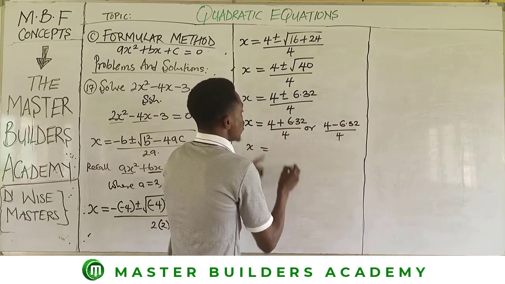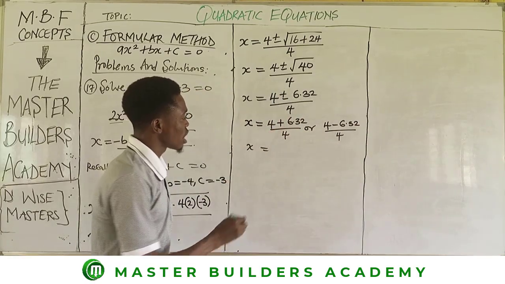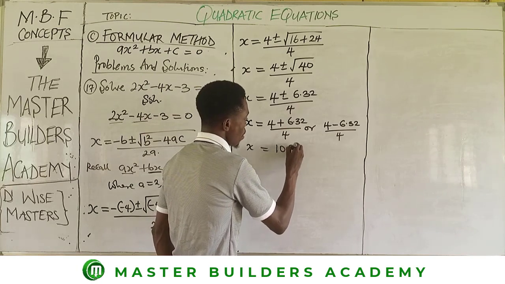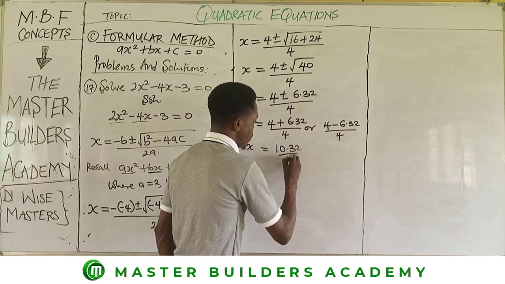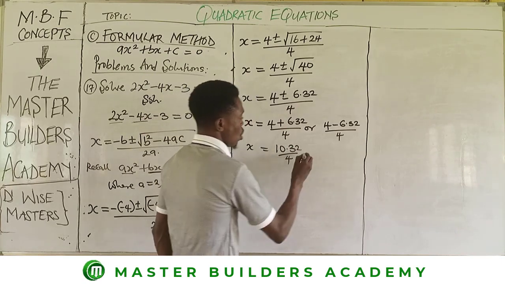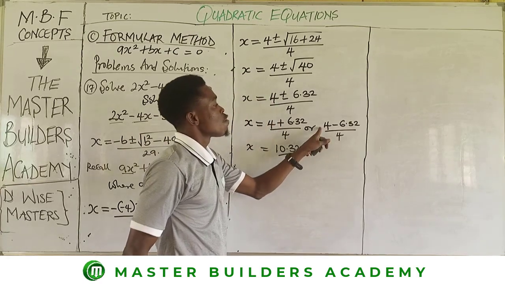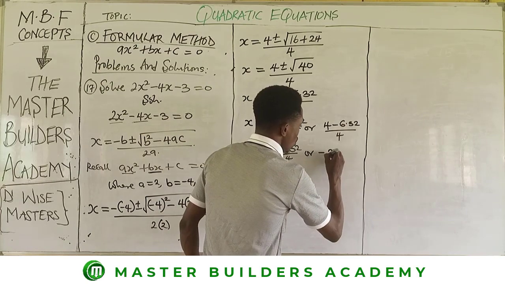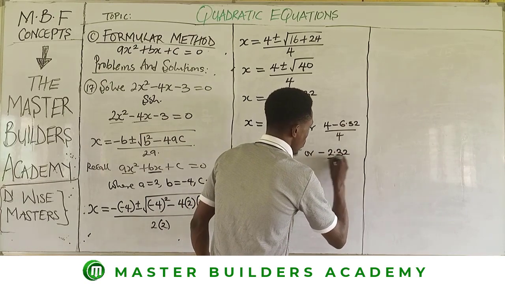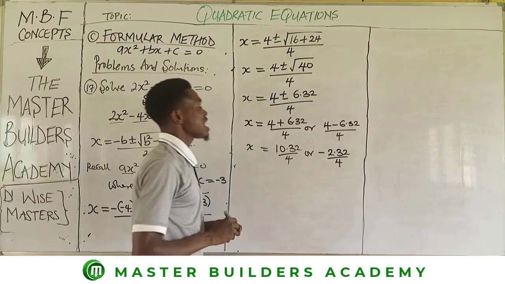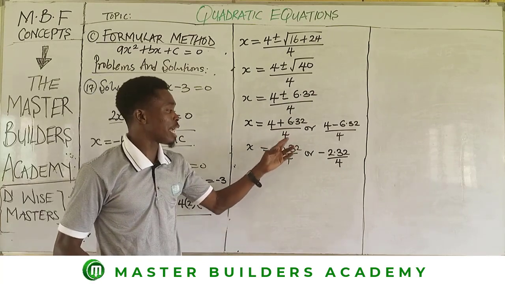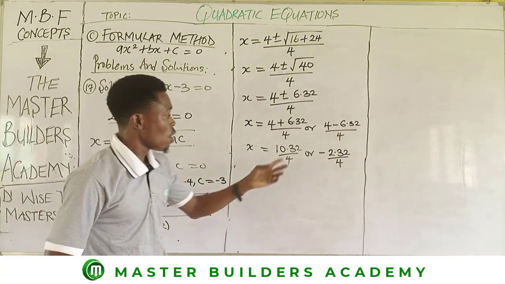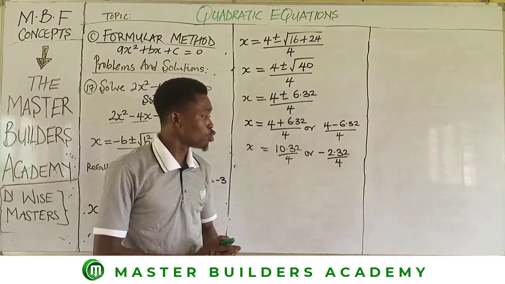Guys, 4 plus 6.32 will give us 10.32 over 4, or 4 minus 6.32 will give us minus 2.32 over 4. The next thing is to divide 10.32 by 4 and also divide minus 2.32 by 4.